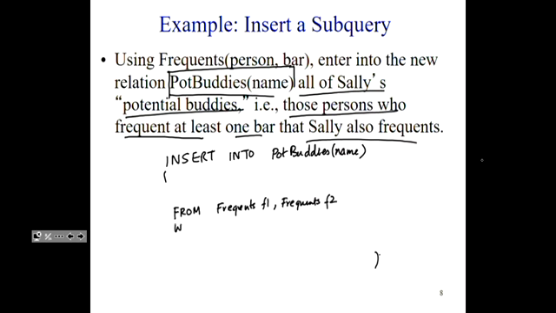Okay, and I'm also going to do a where clause: f1.bar is equal to f2.bar. And so what else might I want to add in the where clause? Sure. So f1.person is equal to Sally.